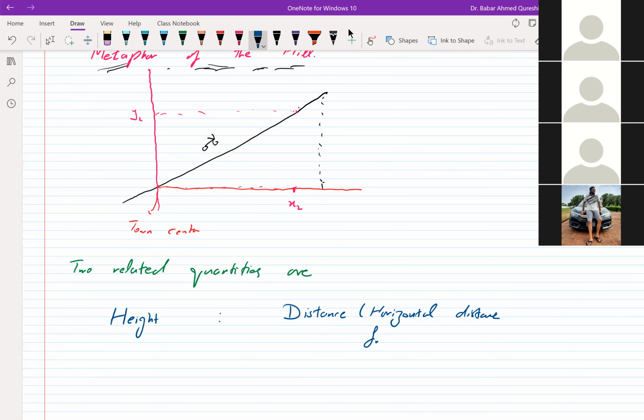Let's say from town center, and height above the height from the sea level of the town center, for example, any standard point.